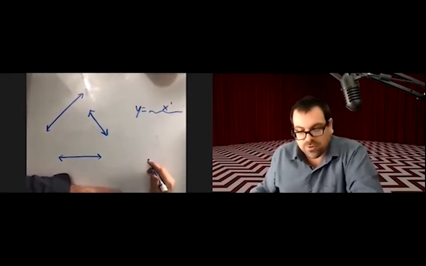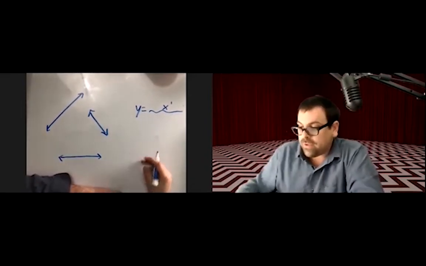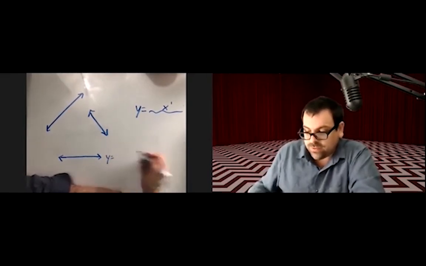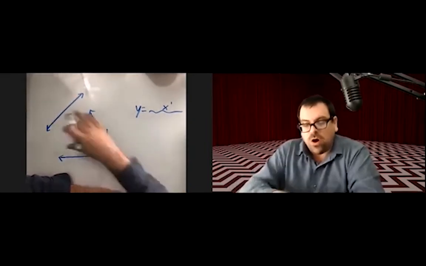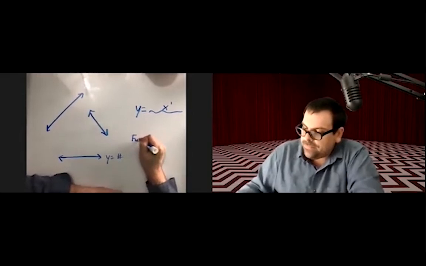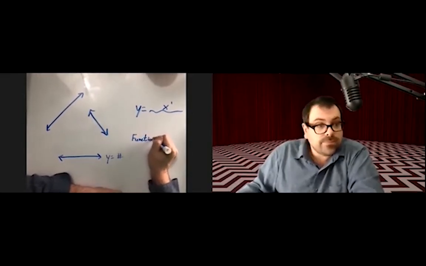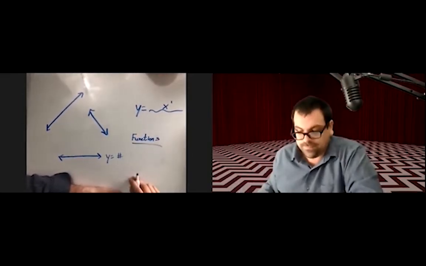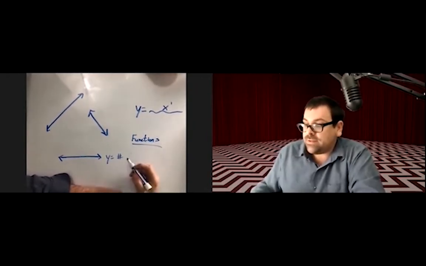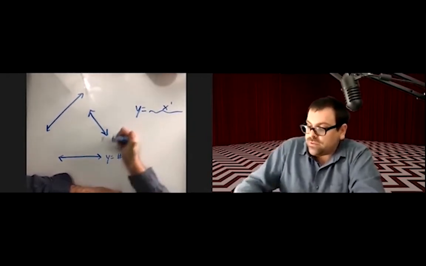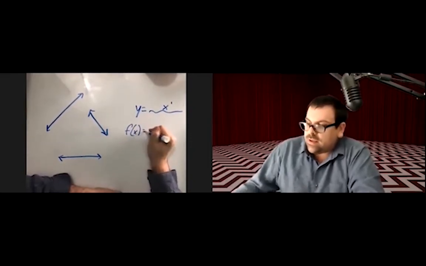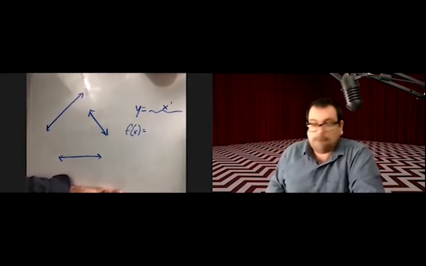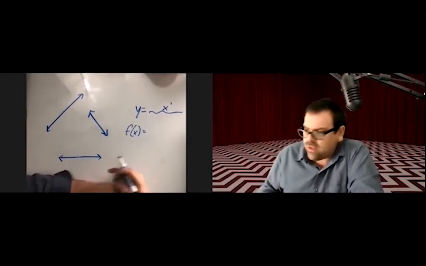Or even horizontal lines, because that would be y equals some number. These will always be functions. And that means instead of y equals, we can write f of x equals. It's like a special club, the function club.